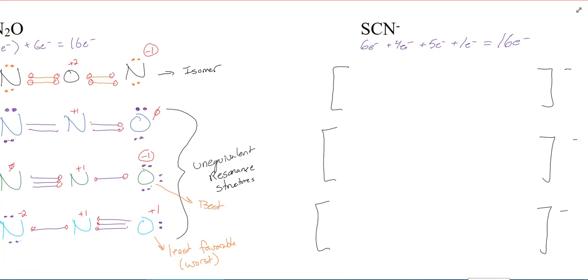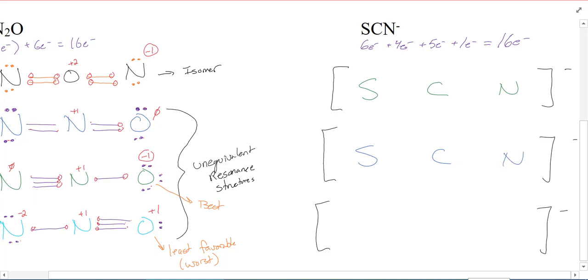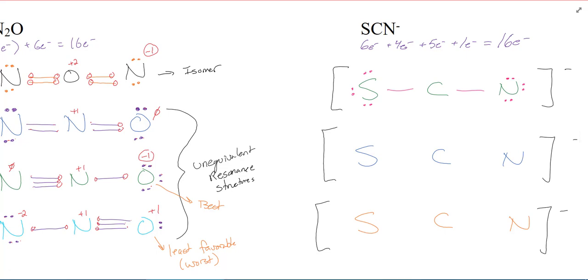Well, let's try it. We'll start with green first: S, C, and N. Then we'll do a blue: S, C, and N. And then an orange: S, C, N. So for green, bond 2, 4, 6, 8, 10, 12, 14, 16. And that's right. We can double bond both sides, single bond the S, or single bond the N. So in the green, we'll just double bond each side.